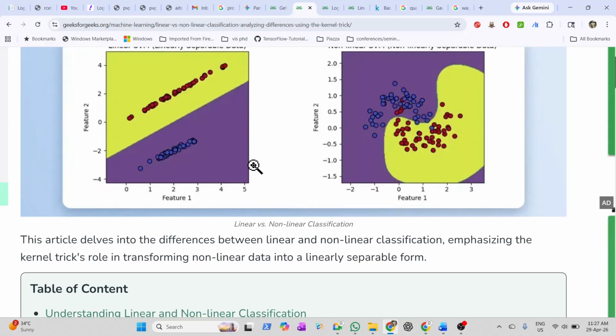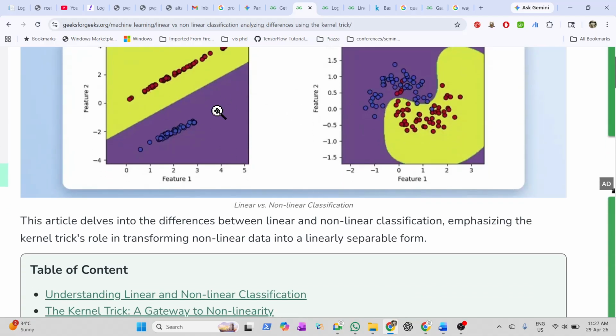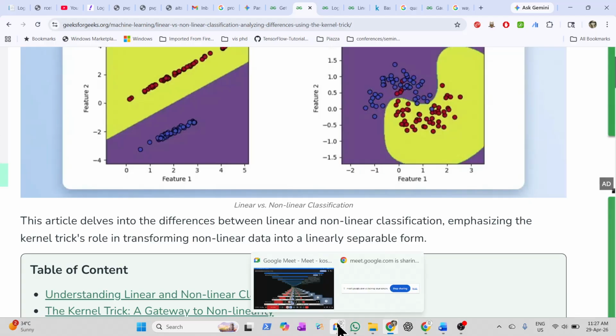Students, I hope you understand. I am hiding something from this, and I want to ask you, depending on linear and non-linear classifiers, which one is the linear classifier and which one is non-linear? Image 1 or image 2? You put as per your understanding.